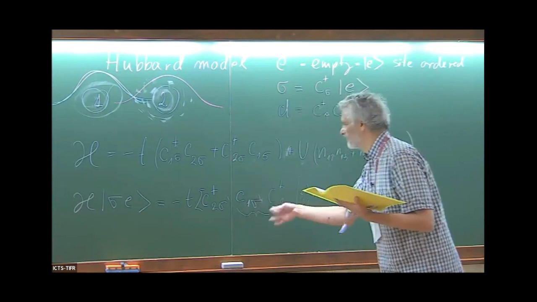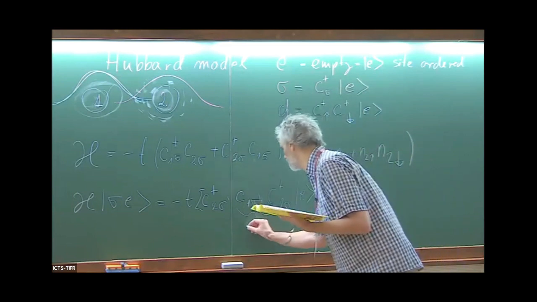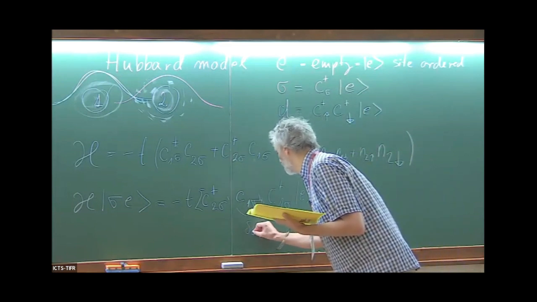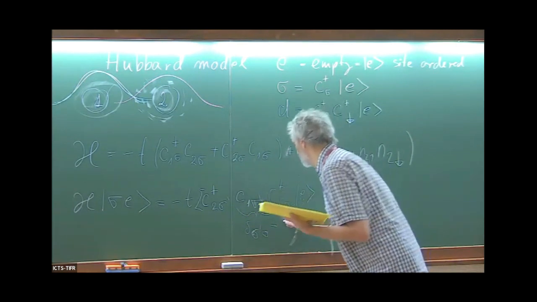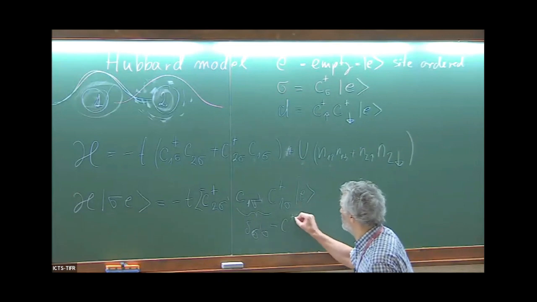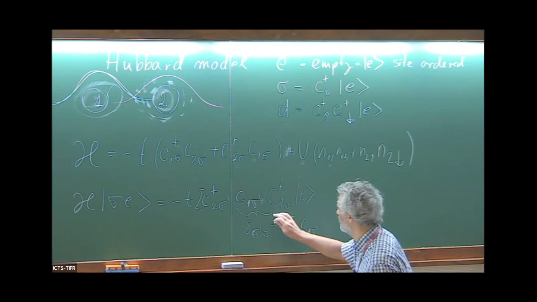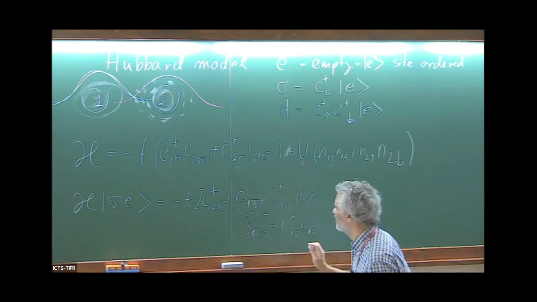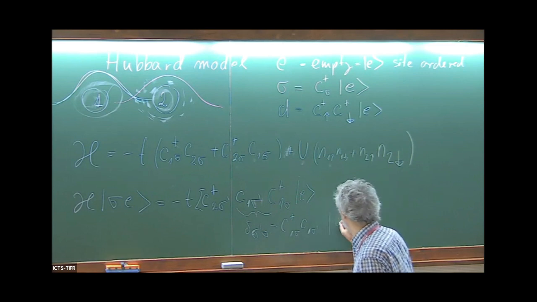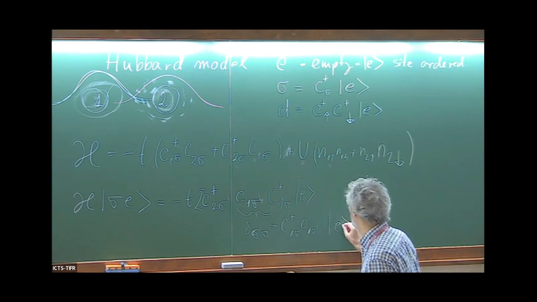We can apply the anti-commutation relations for the fermions. This will be delta sigma prime sigma minus C dagger 1 sigma C1 sigma bar. So this is what turns out when we apply the anti-commutation relations, and this will be acting on the empty vacuum.